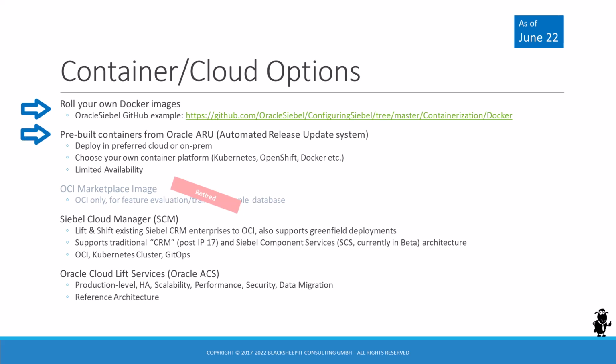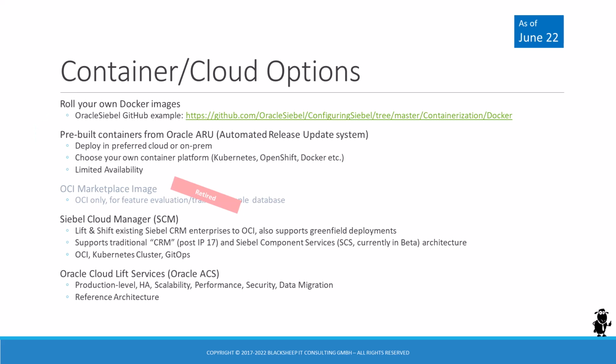Option 2. Download and deploy pre-built containers from ARU as described in the new bookshelf guide. With the first 2 options, customers have to put in more effort but have free choice of the location, on-premises or a cloud of any origin, and the container platform, such as Kubernetes, OpenShift, or Docker.